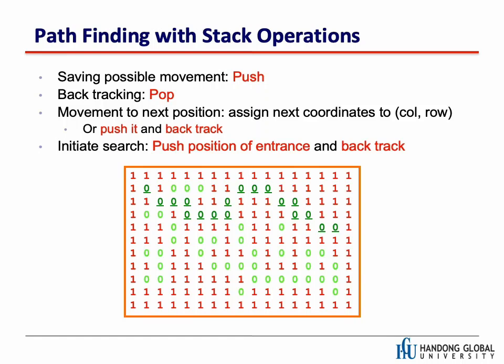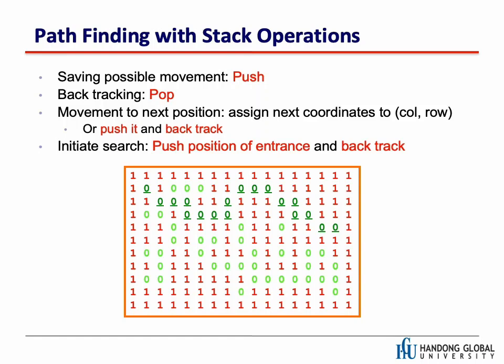If we meet a dead end with the current selection, then we will come back to the other options. Now we are at 2,3. Then we have 1, 2, 3, 4, 5 options, and we choose the right one and push the other options.